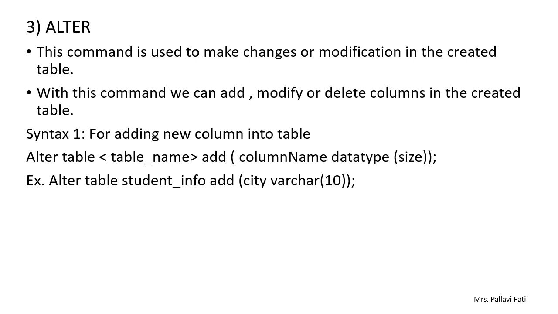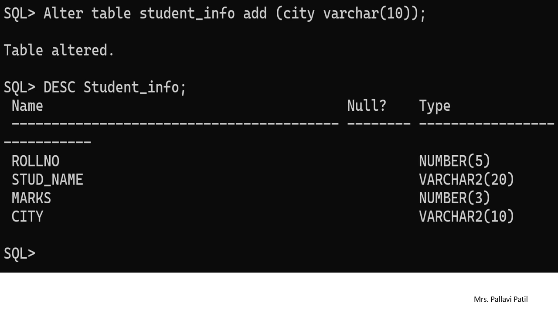As per the example, my query is alter table student info add, then column name city, data type varchar and size 10. Suppose I have run this query in the SQL command line, it will look like this.